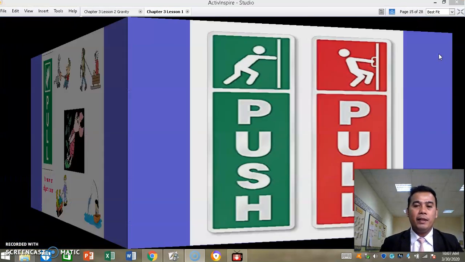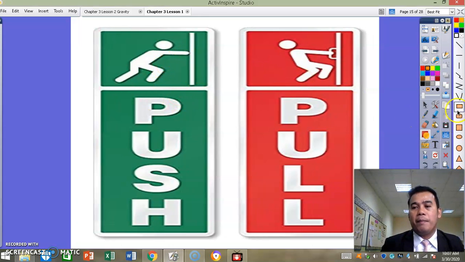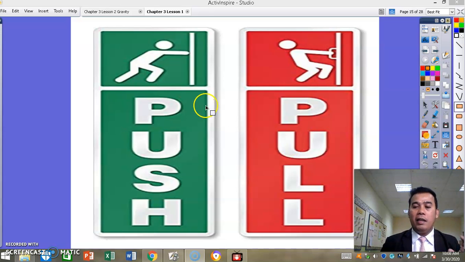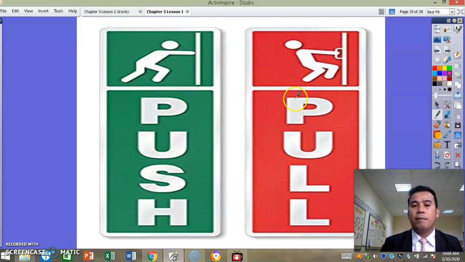As you can see in my illustration here, when we talk about push, it means move away. I will put a line here. For example, this is me.